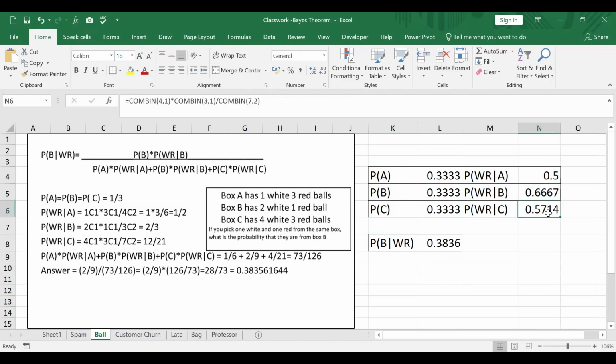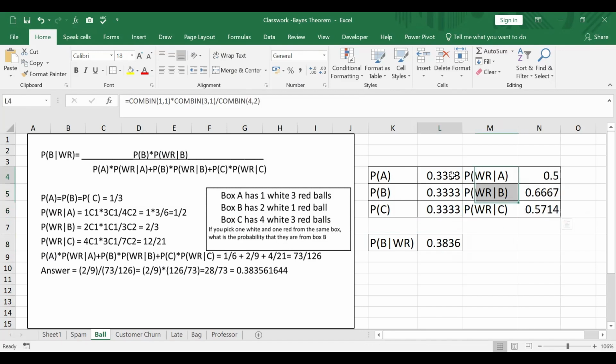And the formula for that is sum product. So, P of B, WRB is L5 into M5. That is what is given here. L5 into N5. That is what is given here, divided by sum product of this column with this column.